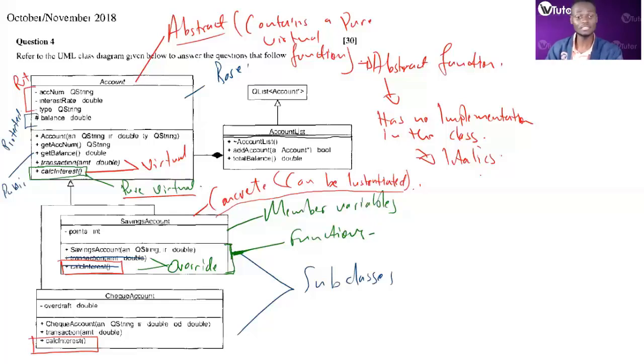And the good thing is, look at all exam papers, these diagrams always look the same. What changes is the context. Here you're dealing with savings account and check account. You can be dealing with payments and types of payments. You can be dealing with books and types of books. You can be dealing with transactions and types of transactions. Doesn't matter. The concept remains the same. There's a base class, there's a subclass.